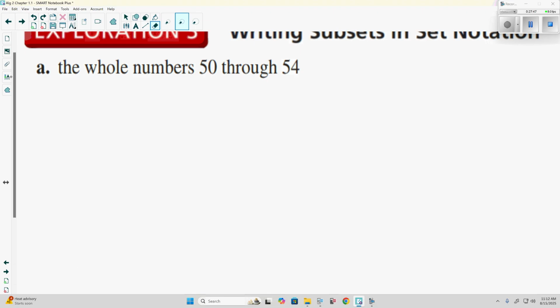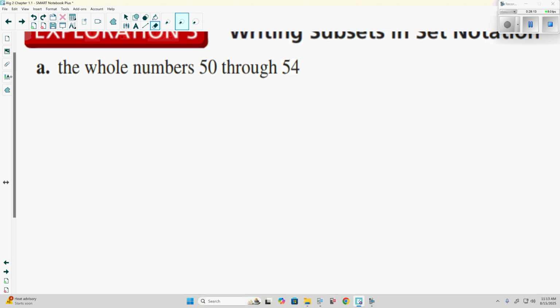Okay? So whole numbers. Whole numbers are our natural numbers plus 0, yes? So if we look at this, the set of whole numbers 50 through 54. What would those be? What's our first one? 51. Well, I'd say 50, because 50 through 54.